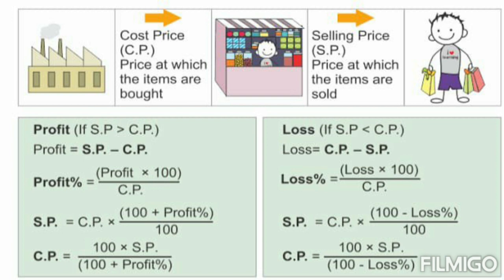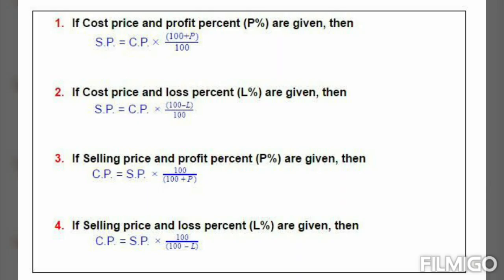Now we will learn a few new things if the cost price or the selling price has been given with the profit percent or the loss percent. Now SP is equal to 100 plus profit percent upon 100 into CP. Similarly, if there is a loss, we will do 100 minus loss percent upon 100 into CP.